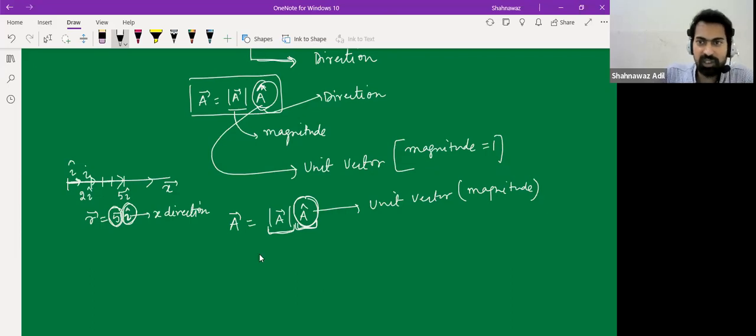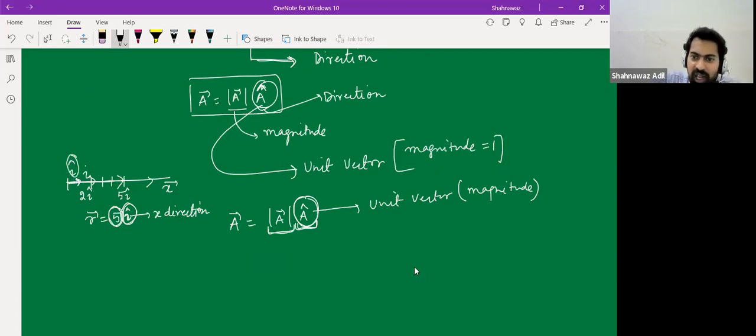I am feeling that you have a doubt. Sir, what's that I? Is it just a variable? No, I is a unit vector. I is a unit vector which represents that we are moving in the x direction.